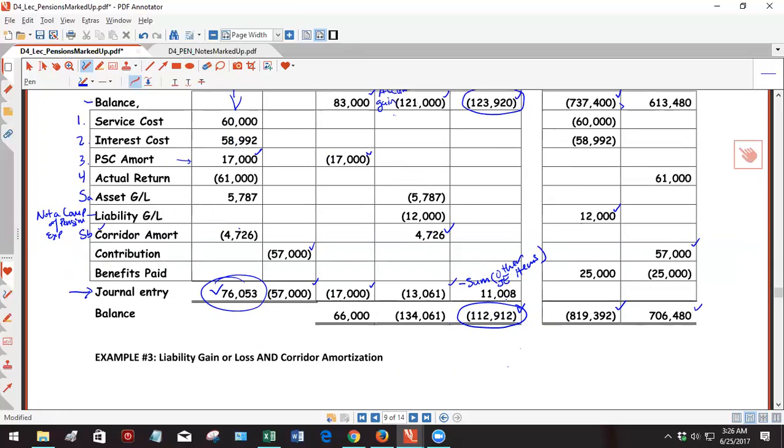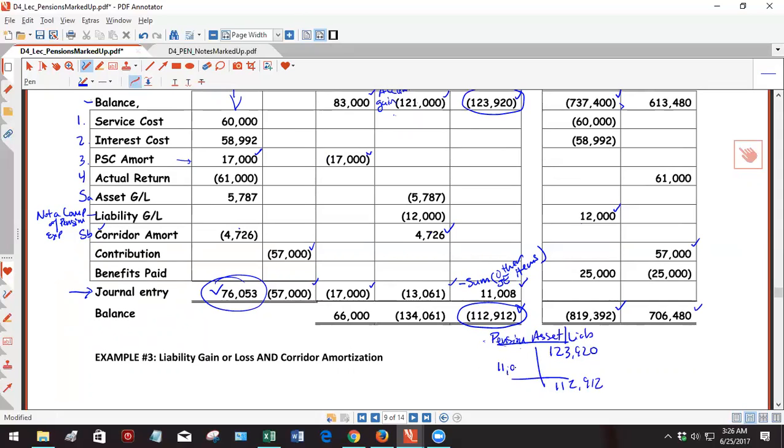I would not plug that cell, however, because what you're trying to do is calculate 11,008 two different ways. So I'll do a journal entry style first. You have the pension asset/liability started with a 123,920 credit, ended with a 112,912 credit.